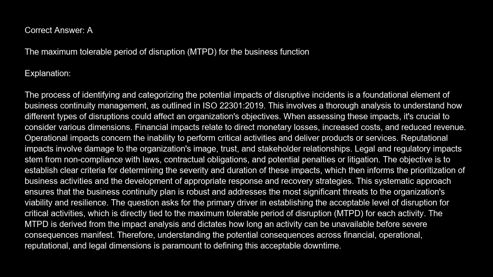The question asks for the primary driver in establishing the acceptable level of disruption for critical activities, which is directly tied to the maximum tolerable period of disruption, MTPD, for each activity. The MTPD is derived from the impact analysis and dictates how long an activity can be unavailable before severe consequences manifest. Therefore, understanding the potential consequences across financial, operational, reputational, and legal dimensions is paramount to defining this acceptable downtime.